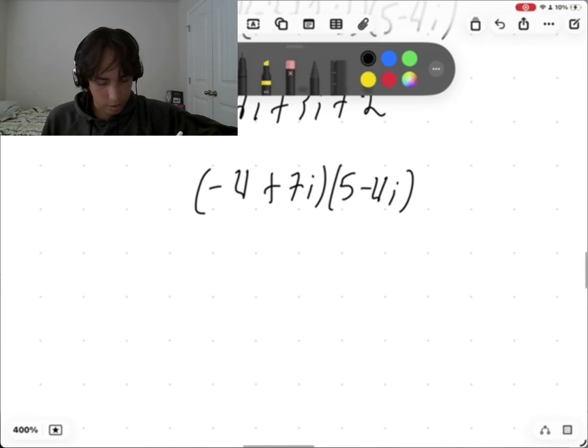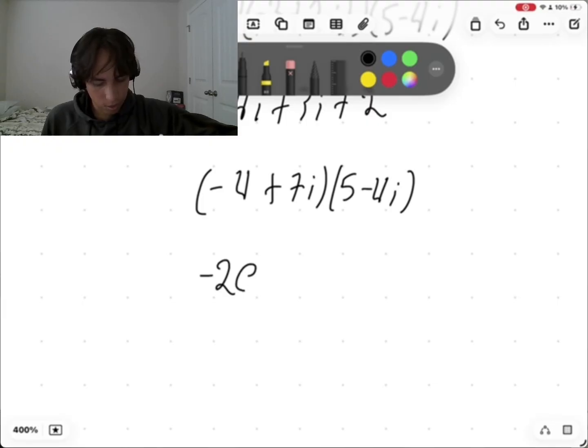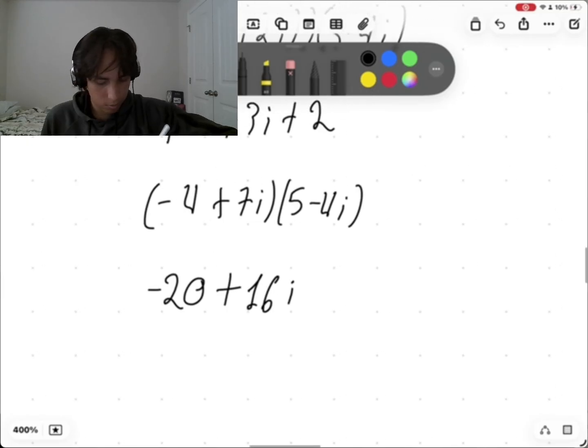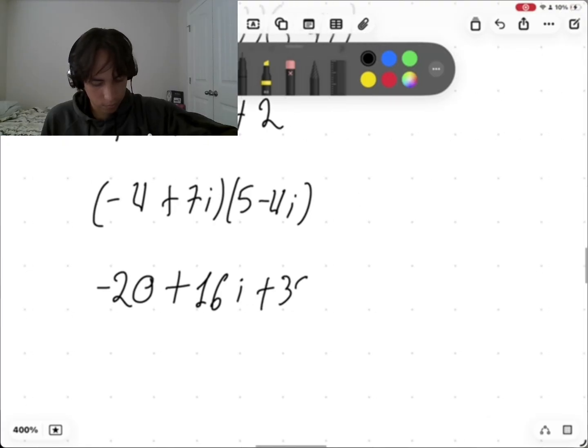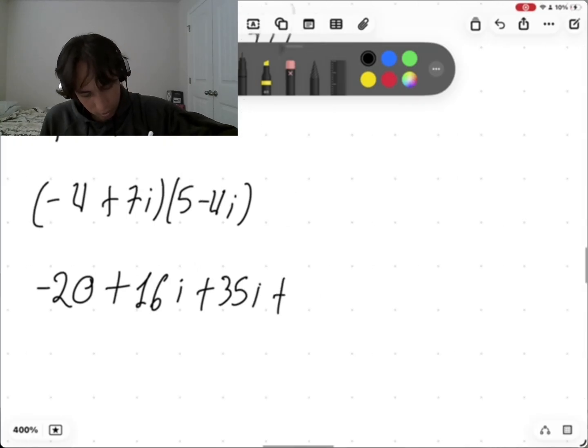But anyways, I'm going to do this again. You got negative 20. You got plus 16i. Then we get plus 35i. Then we get negative 28i squared, which becomes a positive 28.